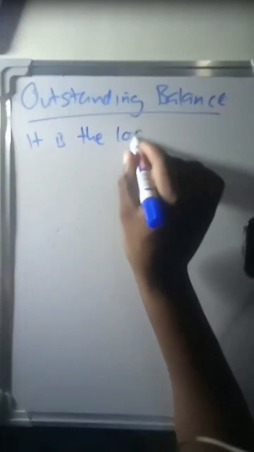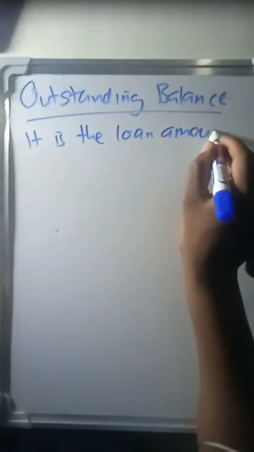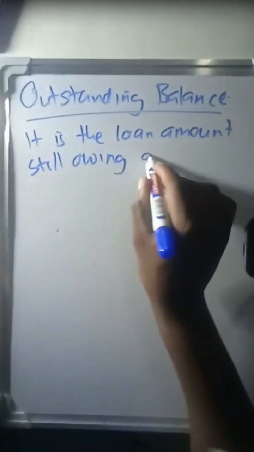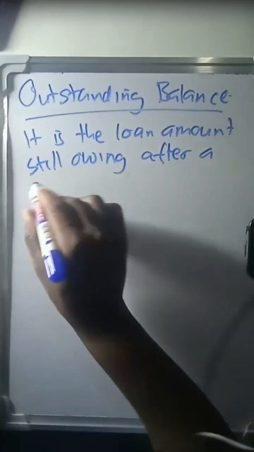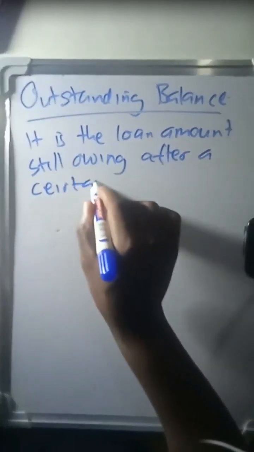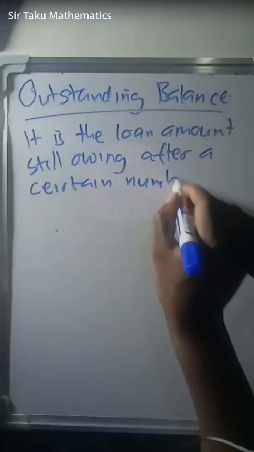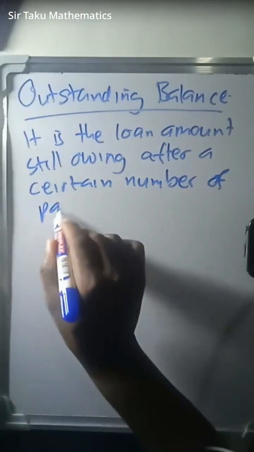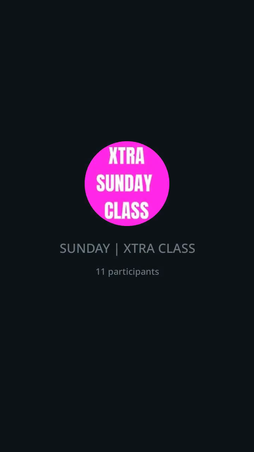Oh, sorry, before that. Sorry about that. Let me write outstanding balance. What is outstanding balance? Outstanding balance, it is the loan amount still owing after a certain number of payments on a loan.